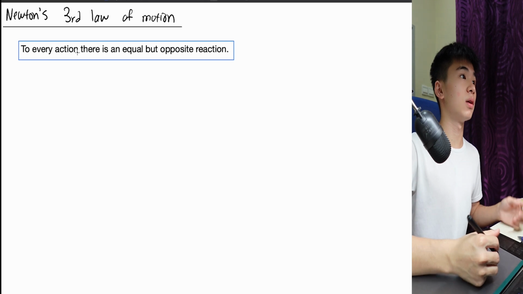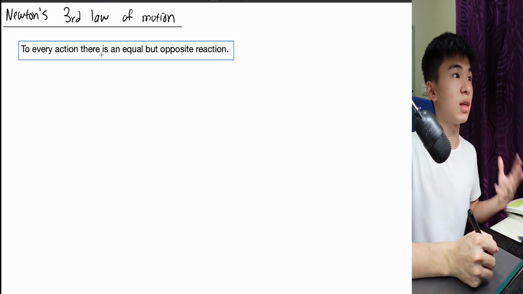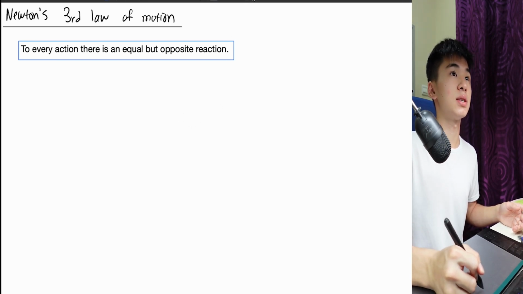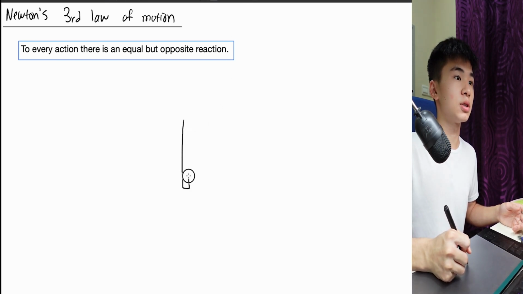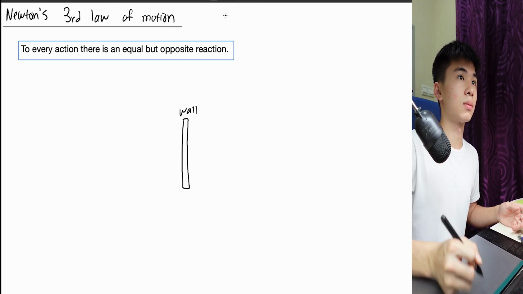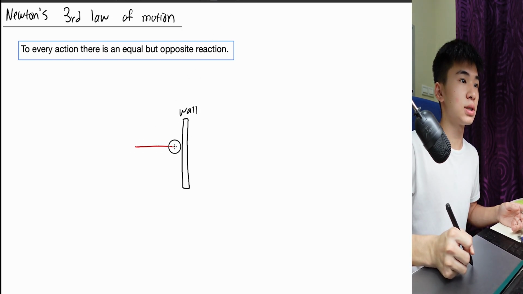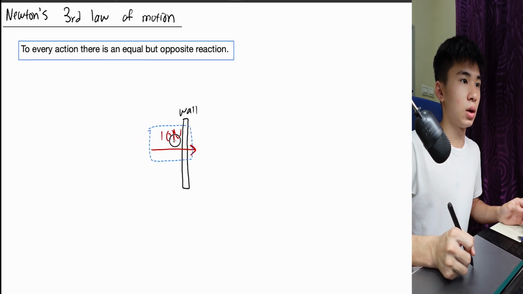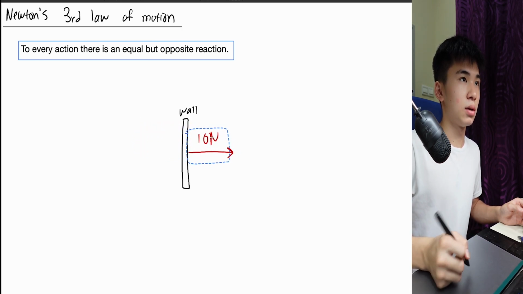So to start with, the law is: to every action there is an equal but opposite reaction. Which means if you apply a force on a wall, let's say 10 newtons of force, usually we do not draw it like this, we will draw it like this.